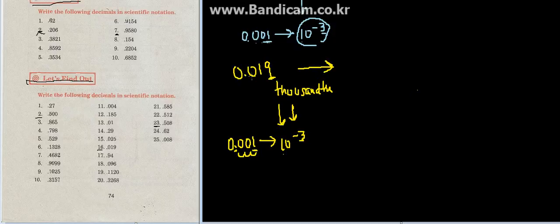Then you just write down this number without the decimal point here. You'll have 0.019 times 10 to the negative third. But as I said before, these 2 zeros in front of the 19 don't mean anything. They don't make any difference basically.